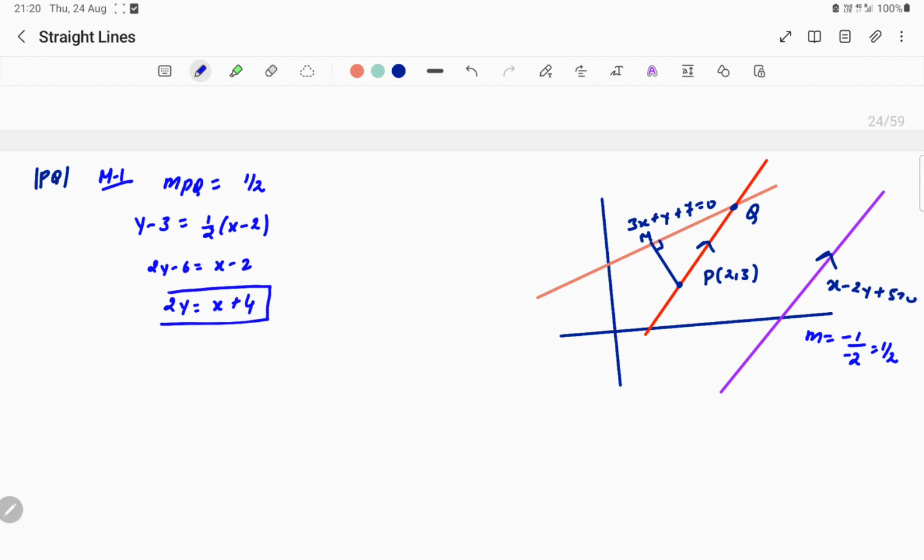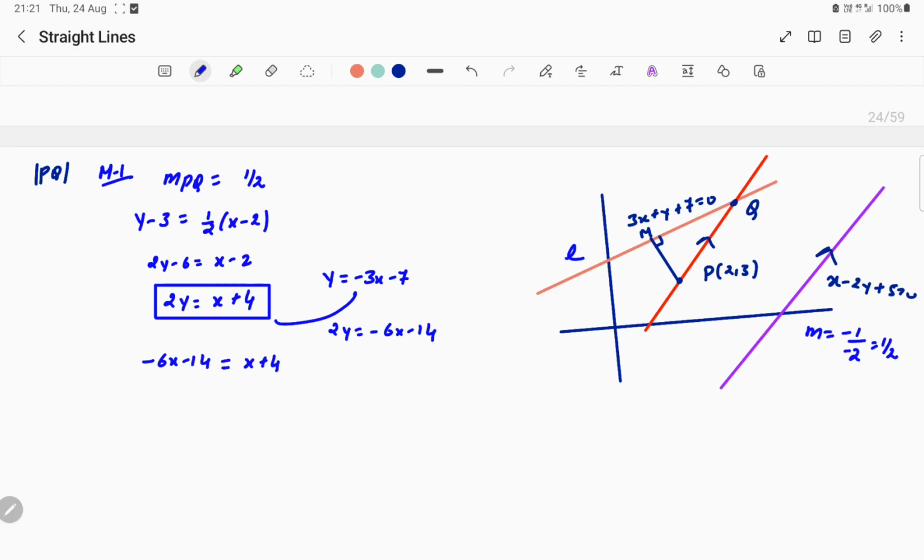Now if I solve the line L with PQ, it will give the Q coordinates. So let's solve this. The line equation is y is equal to minus 3x minus 7. So 2y is minus 6x minus 14. When you feed that here, we get minus 6x minus 14 is equal to x plus 4.